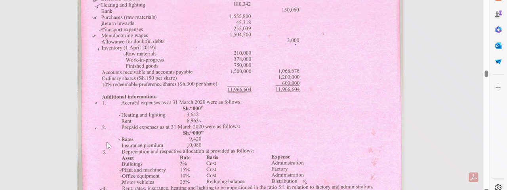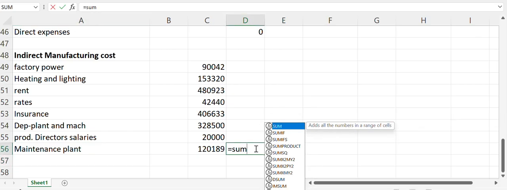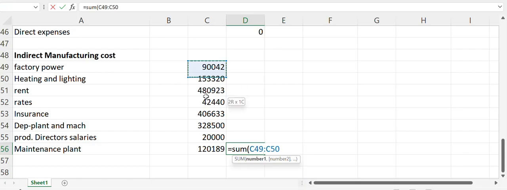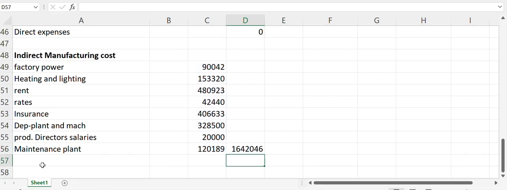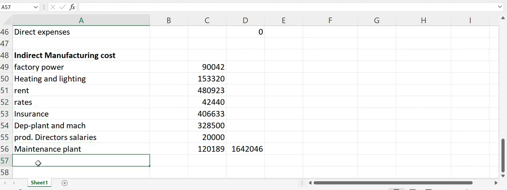Yeah, so we can go ahead and get the total here, taking the sum of all this. Then we get what we call factory cost. Factory cost, let me put a line here.